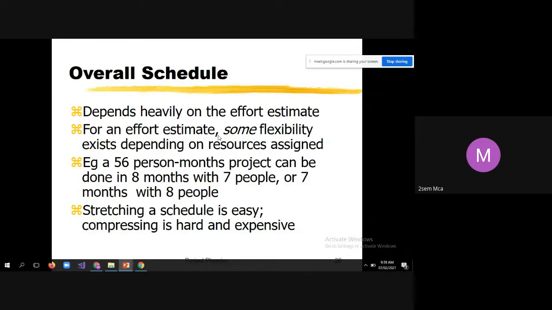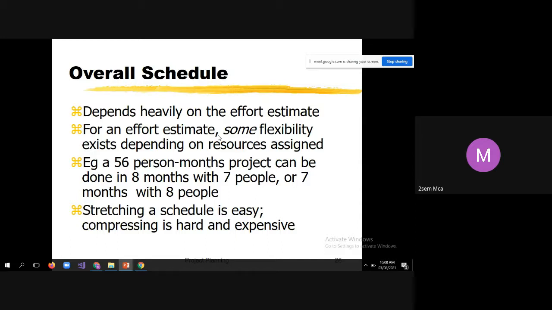The meaning is the project can be done in 8 months with 7 people. 8 times 7 is how much? 56. That means for 8 months, 7 people have to work, and each day they work 8 hours. If 8 months, 7 people are working consistently, 8 hours per day, we call it 56 person months.